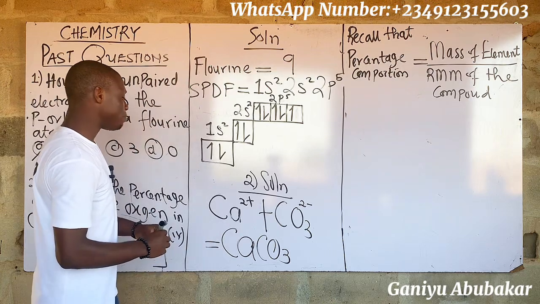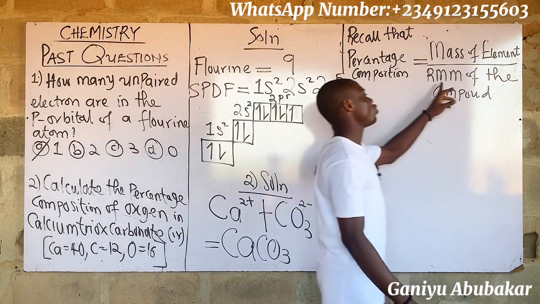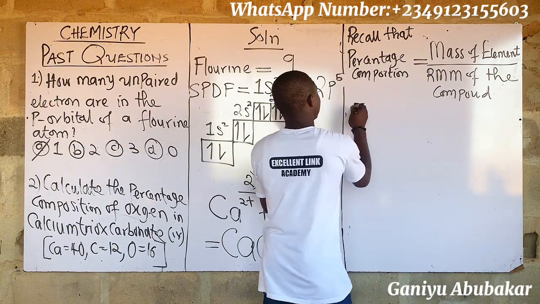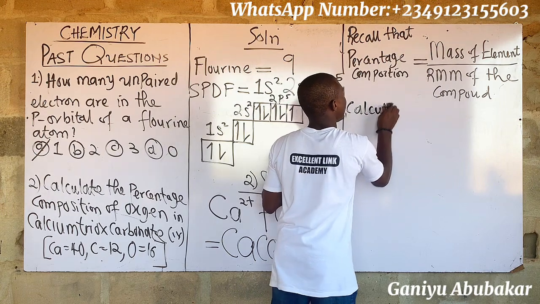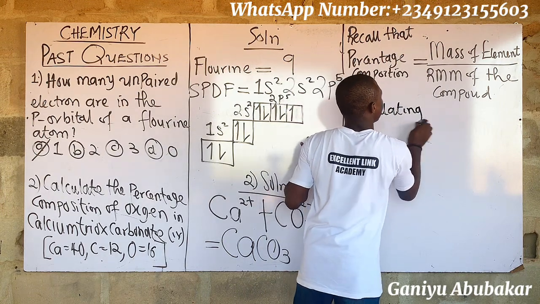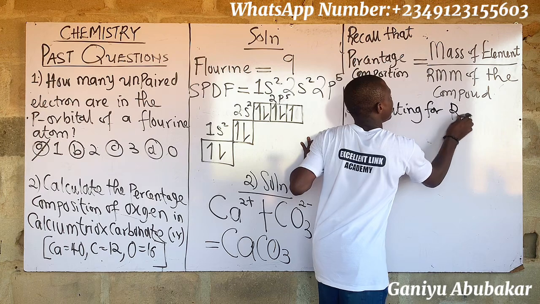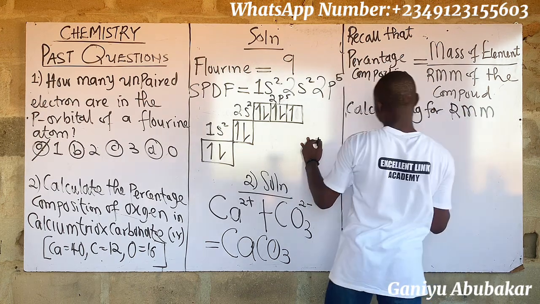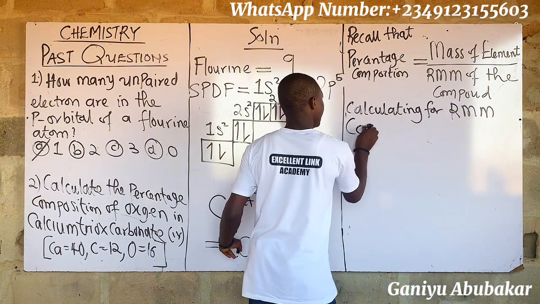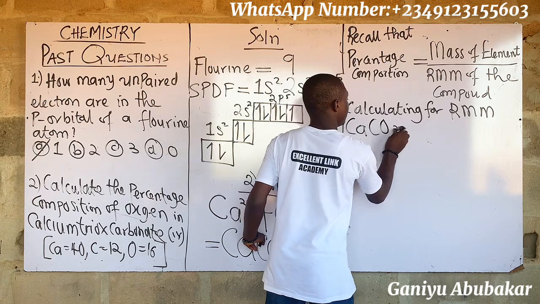First, I need to get the relative molecular mass of the compound. What's the compound there? I have CaCO3.